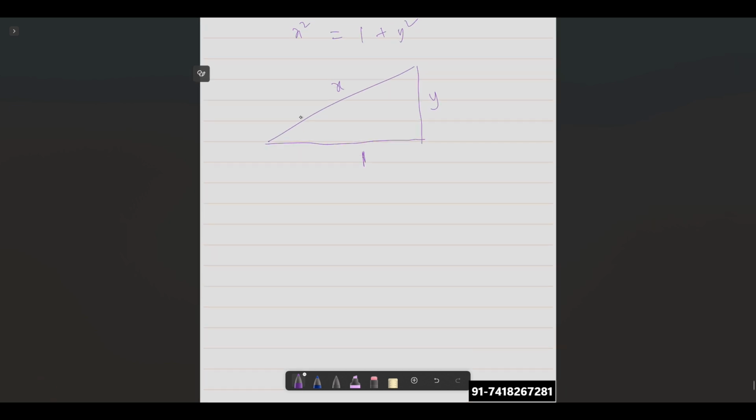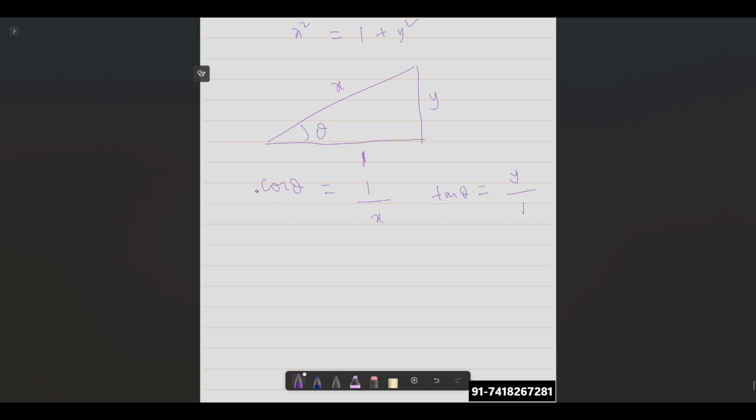Here is your angle. So what is your cos theta here? Equal to adjacent side by hypotenuse, 1 by x. What is your tan theta? Opposite side by adjacent side, y by 1.